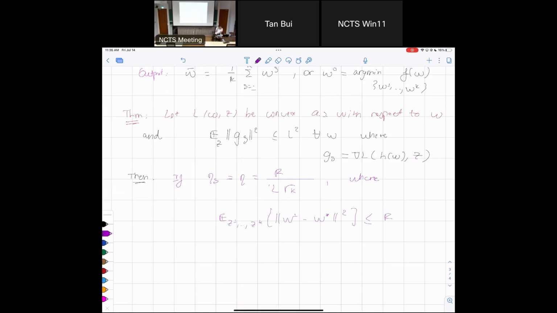Basically, we assume that the first step of gradient descent, you pick W1, and of course W star is the truth, the unknown truth.